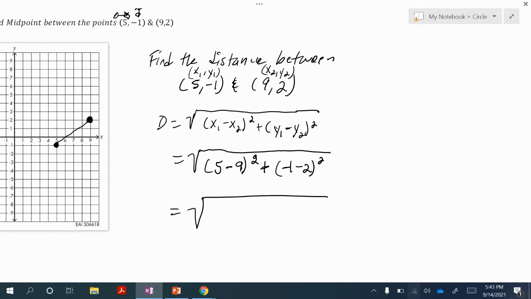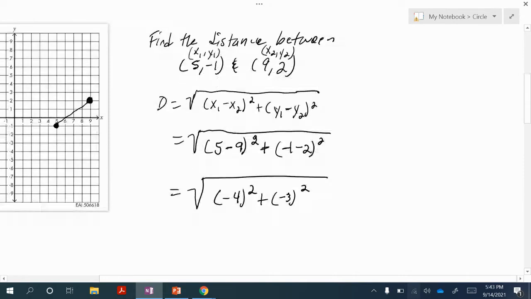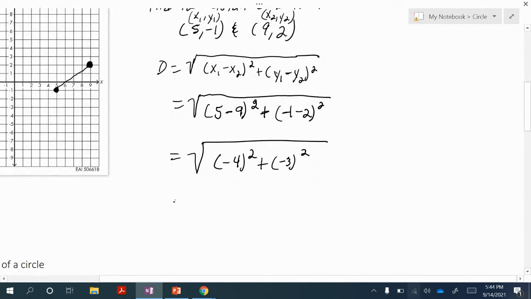Next thing we'll do is use the order of operations and simplify the innermost parentheses. So if we simplify our first set of parentheses, 5 minus 9 is negative 4. That quantity is still squared. Negative 1 minus 2 is negative 3. That quantity is still squared.